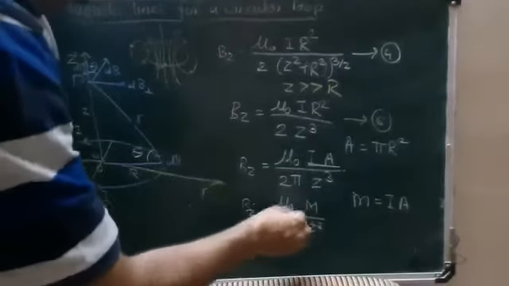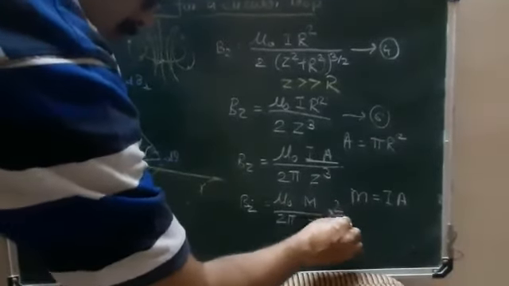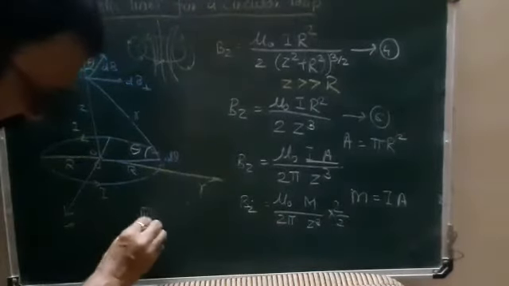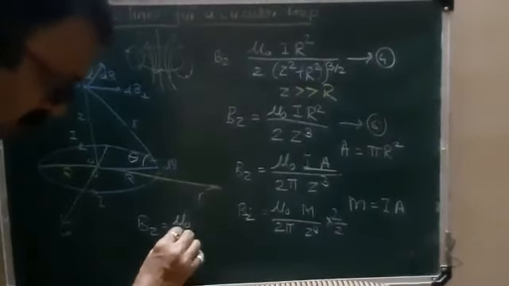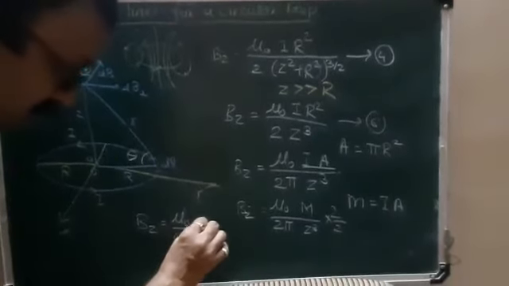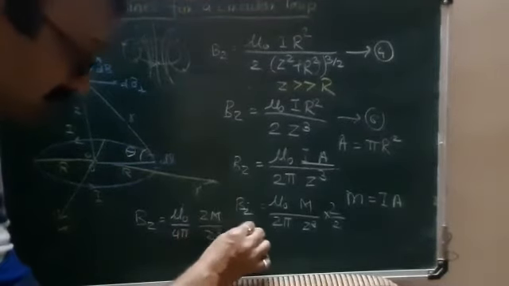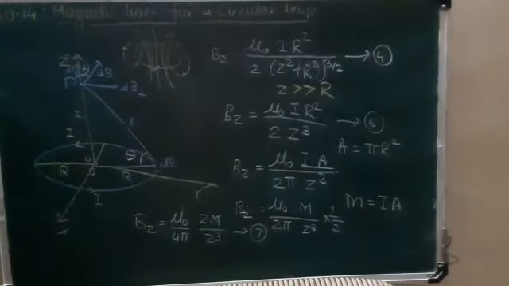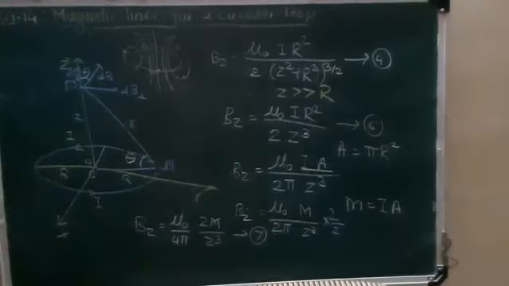Now, if we multiply this equation by 2 and divide by 2, the two 2's become 4. Then the magnetic field of induction Bz is equal to mu 0 upon 4 pi into 2m upon z cube. This is the equation for the magnetic field of induction due to the dipole.